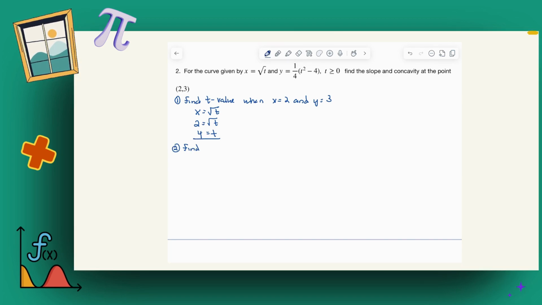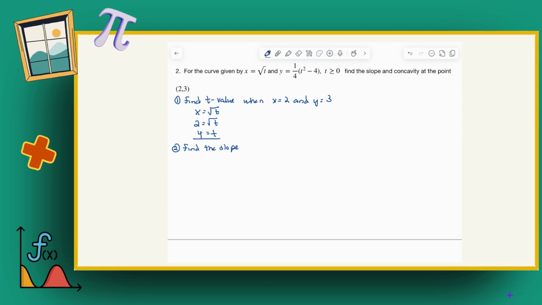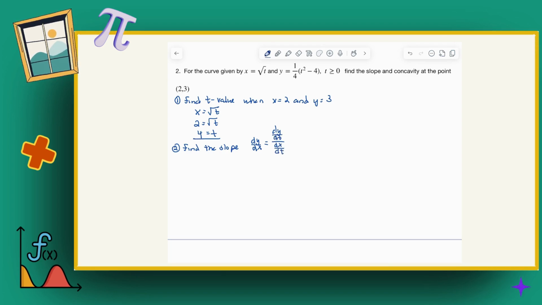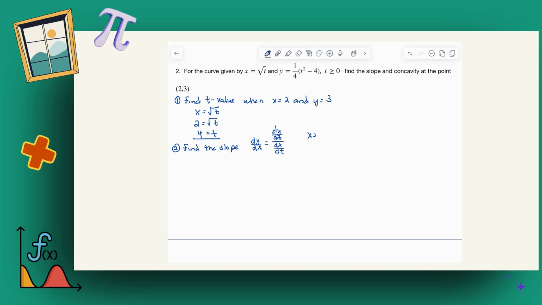Now the next step is to find the slope of our parametric curve. We recall the derivative of y with respect to x is equal to the derivative of y with respect to t divided by the derivative of x with respect to t. Recall that x is equal to the square root of t, or x is equal to t to the 1/2, while y is equal to 1/4 times t squared minus 4, or y is equal to 1/4 t squared minus 1. Now let's start by finding the derivative of y with respect to x.